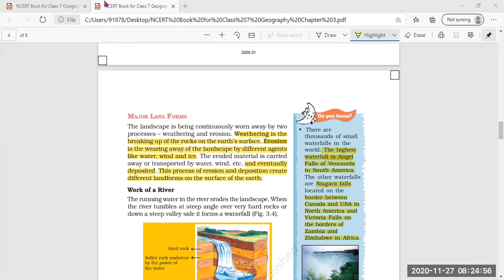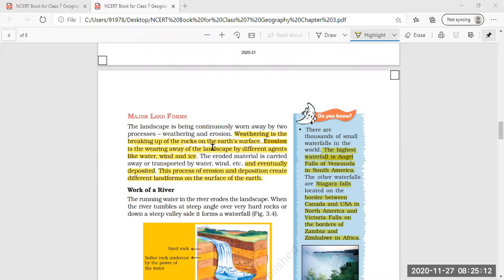So we can say that the landscape is being continuously worn away by two processes, and two processes are responsible for continuously making these types of landscape disappear or become thinner or smaller.